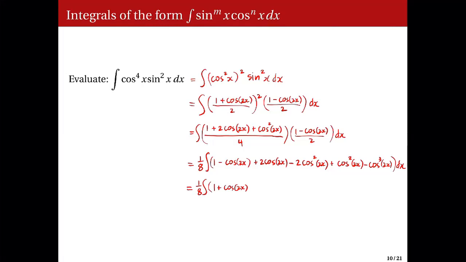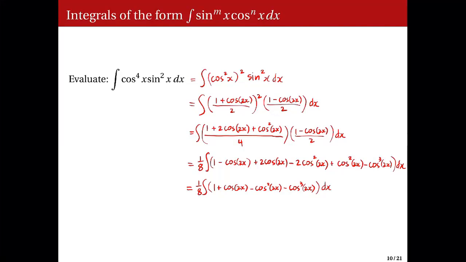So we will have minus cosine squared 2x. And then here we just have minus cosine cube 2x. Quantity dx. Okay?